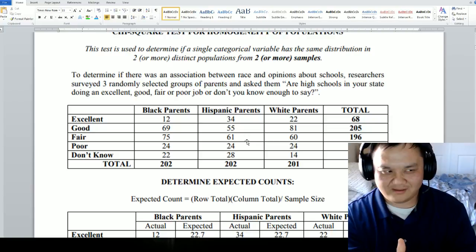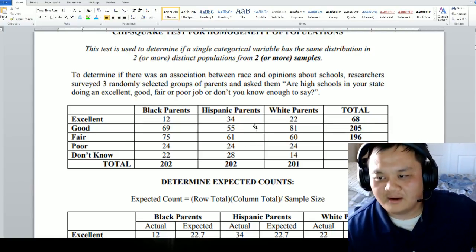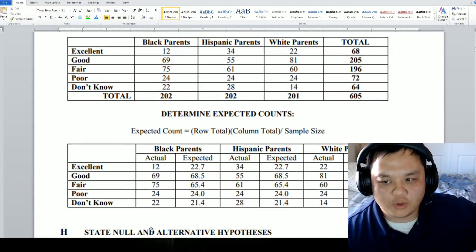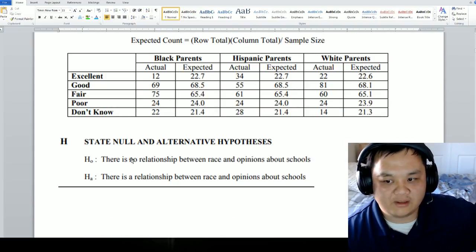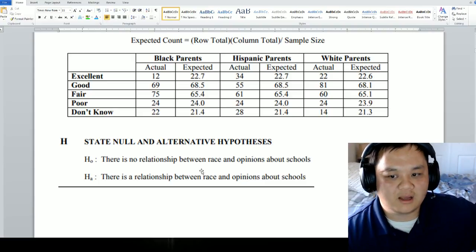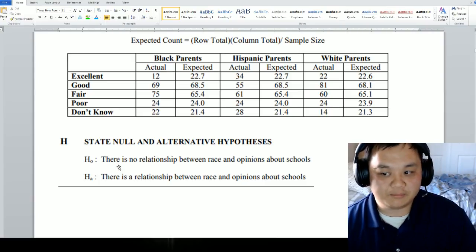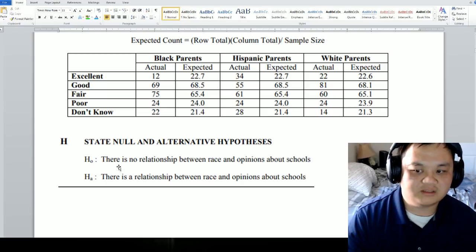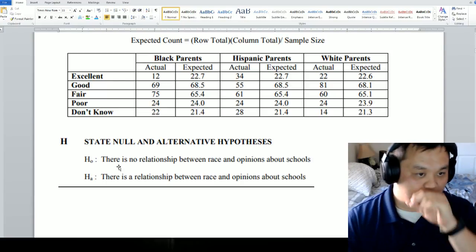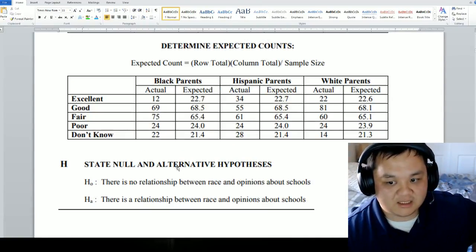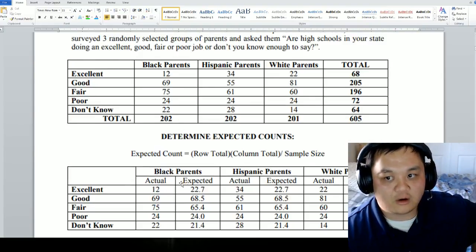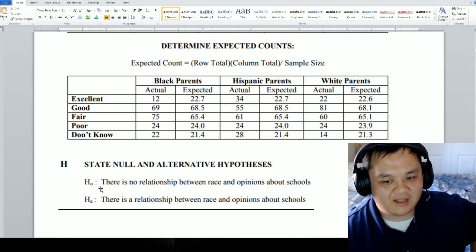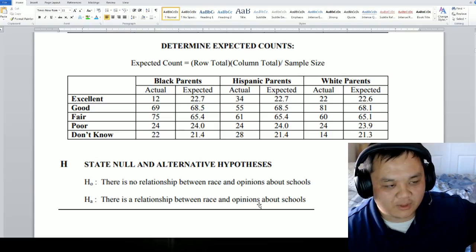Here, you always have to calculate an actual and an expected, right? Now look at the null hypothesis. There's a relationship between the opinion, and the other one is there is no relationship. This is because this population that they're referring to here are all the parents. Does that make sense, why the null and the alternative are set up this way?